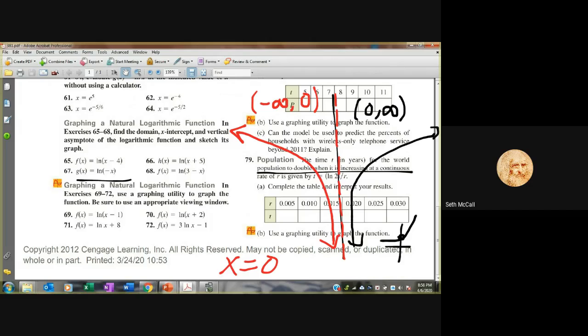So this ordered pair in the exponential graph, which was (0, 1), on the large one becomes (1, 0). Now, when we flip that graph and do the transformation, which is reflect about the y-axis, that point ends up being right there, which is (-1, 0). Okay.